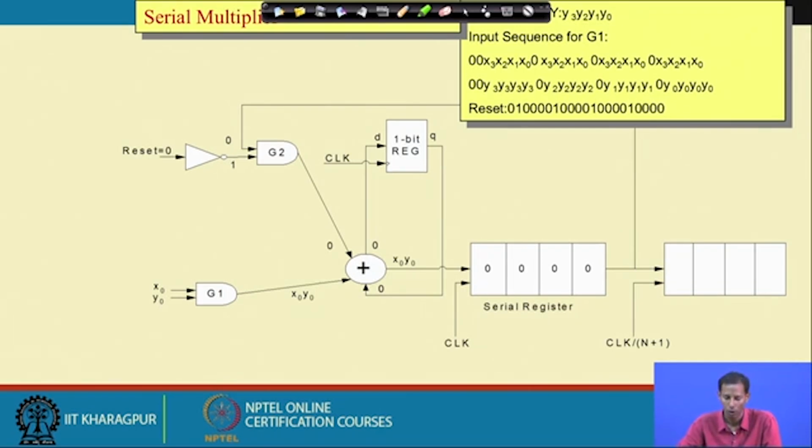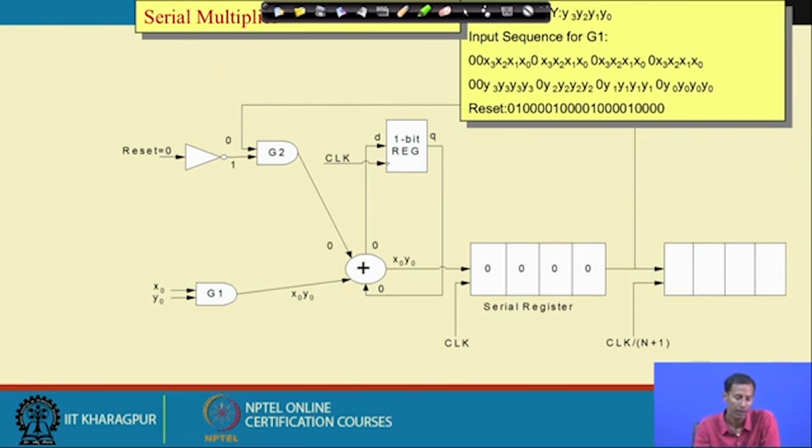Here you see there is one serial register, and this is bitwise serial multiplication. How can we do serial multiplication? We can do it in two ways. We can consider all the bits together, multiply with y0 or y1, and then add.